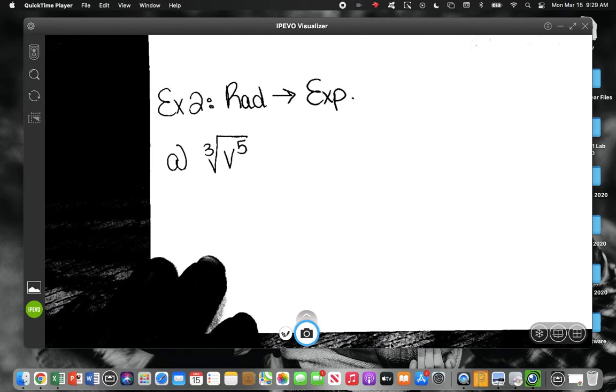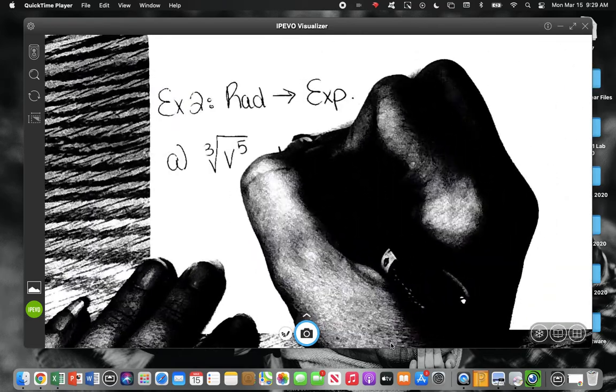On this one, what's our base? The base is always what's inside the radical, but what is that? It's v to the 5th. It's inside.